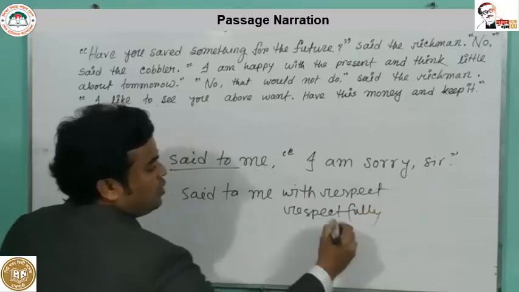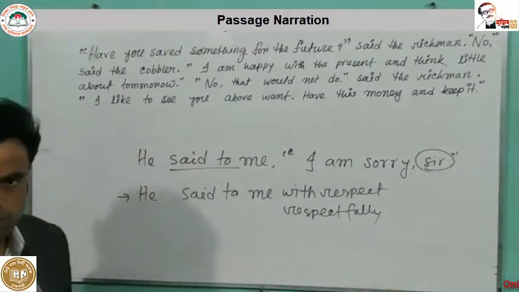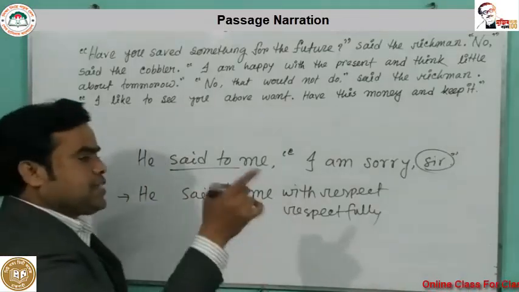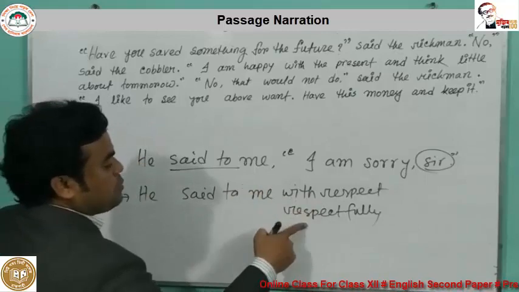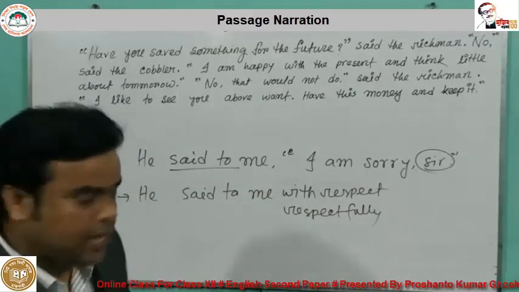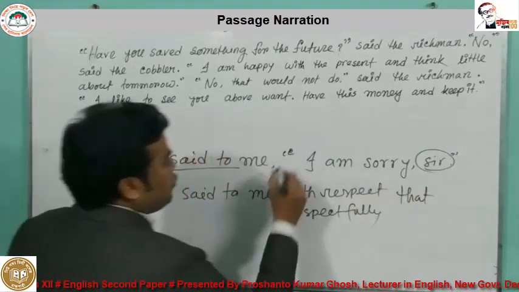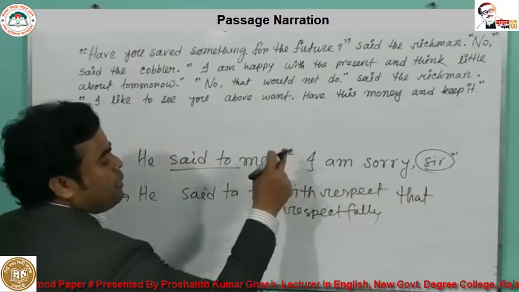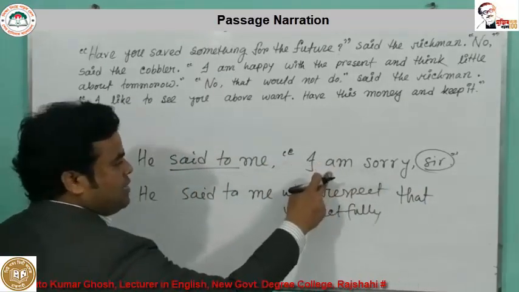Respectfully. Why? Because of this sir. If there is a use of sir in the reported speech, you have to use with respect or respectfully after the object of the reporting verb. And according to the rule, instead of inverted commas, you have to use that, because this sentence is an assertive sentence.